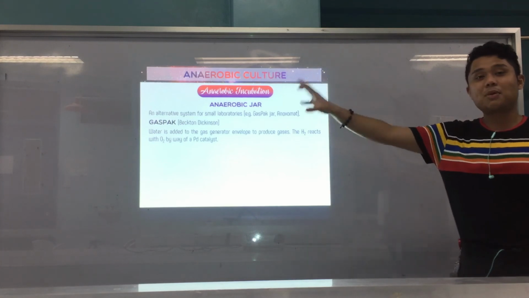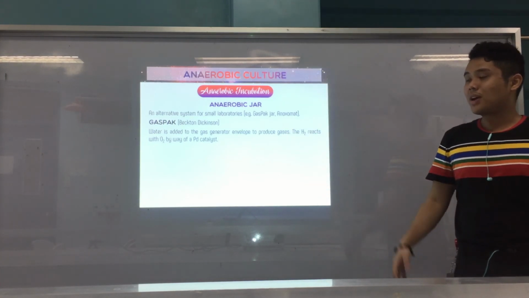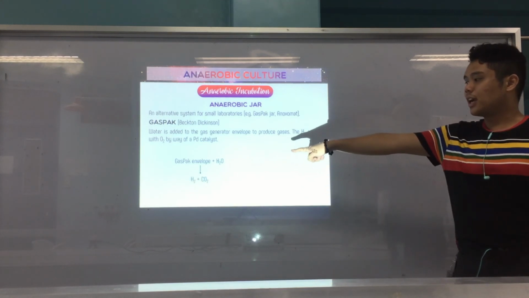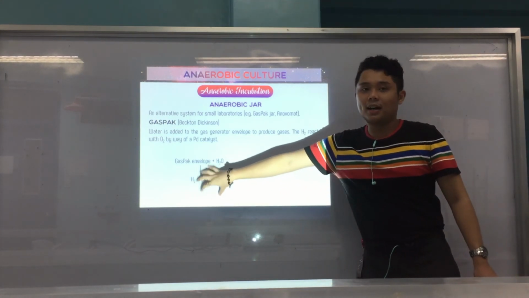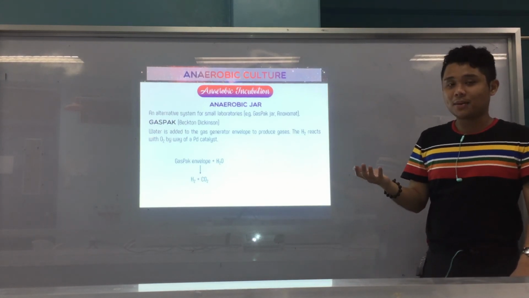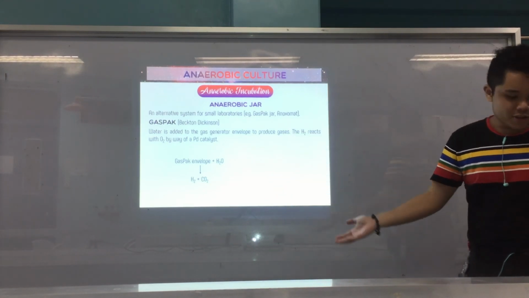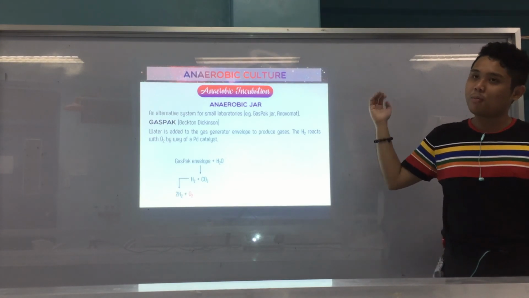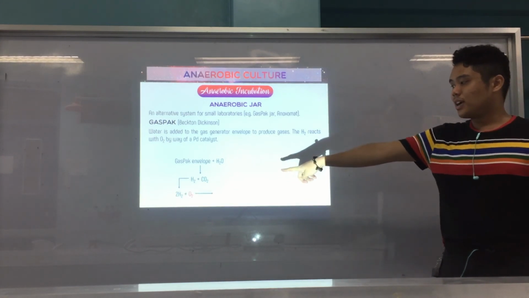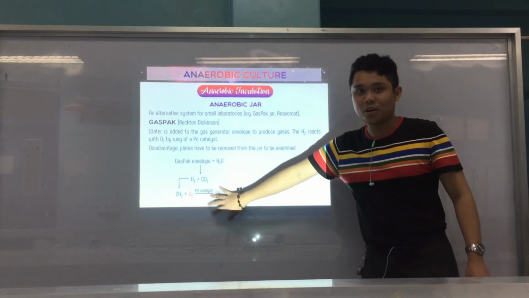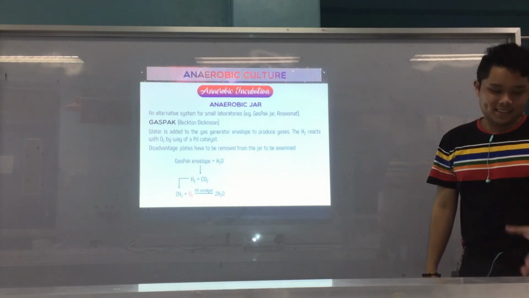The H2 reacts with oxygen by way of a palladium catalyst, same as before. So the gas pack envelope plus water produces the necessary gases your organisms need, if capnophilic, and hydrogen also. And in the presence of residual O2, it combines with H2 by the presence of a palladium catalyst to produce water. And again, that water is absorbed by the desiccant.